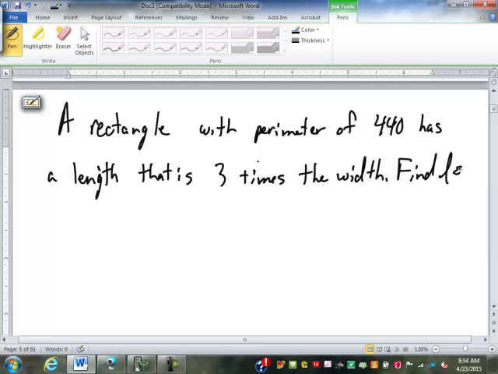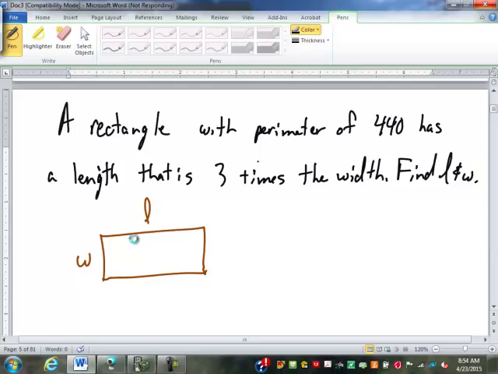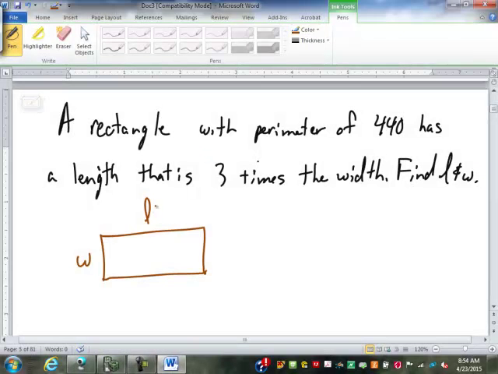Find the length and the width. So now this time, we're not given either the length or the width, but we are told that the length is 3 times the width. So what we can do here is we can say the length is equal to 3 times W. So we're going to use that instead of L when we put it into our formula.